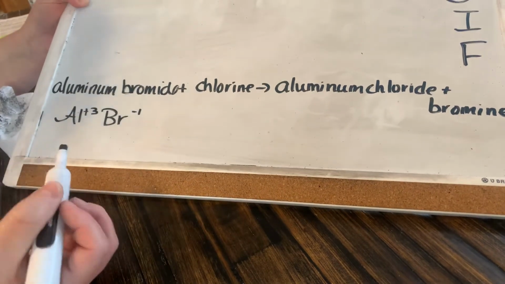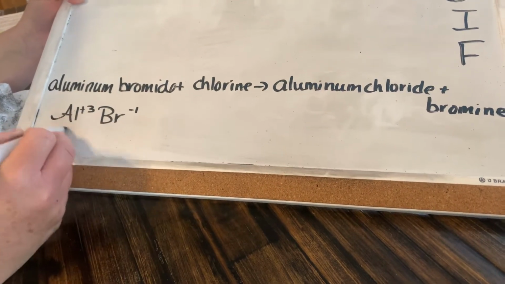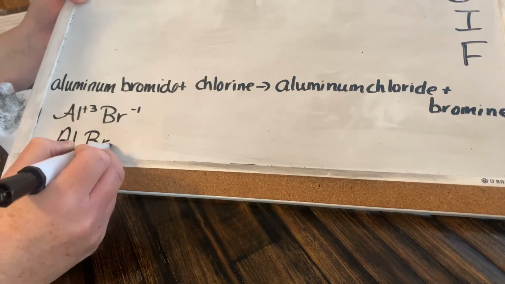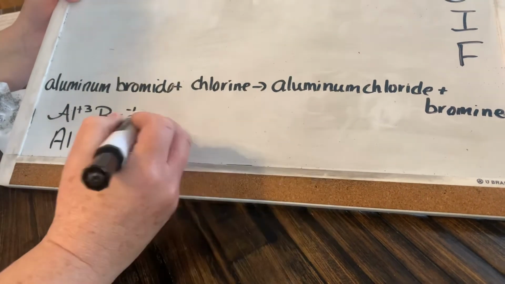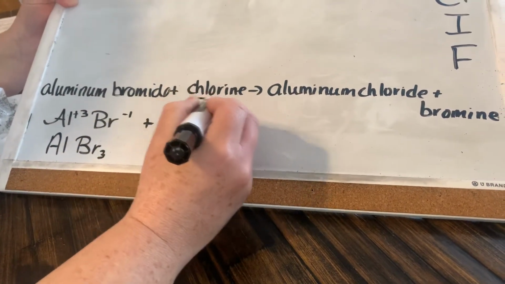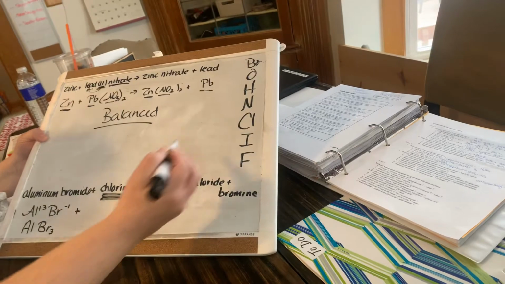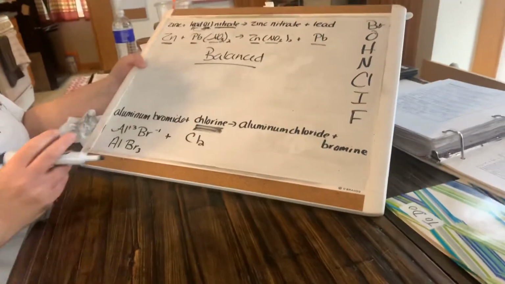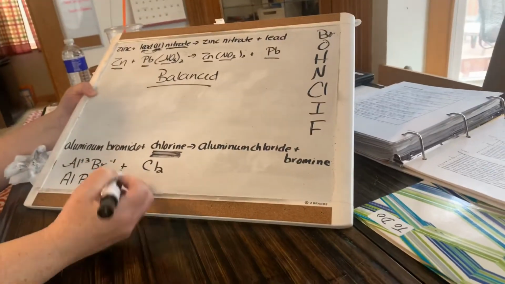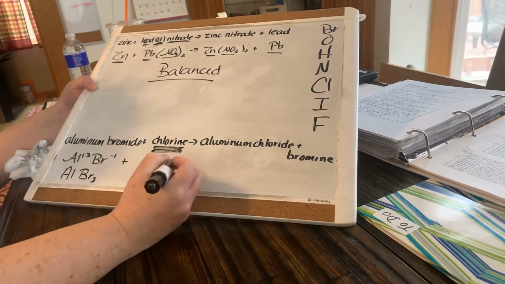Anyway, drop your signs, cross them down. You get AlBr3, right? Plus, chlorine is by itself, it's a Braun-Cliff, which means it's Cl2. Okay? See how it's by itself? Braun-Cliff, Cl2. Okay.